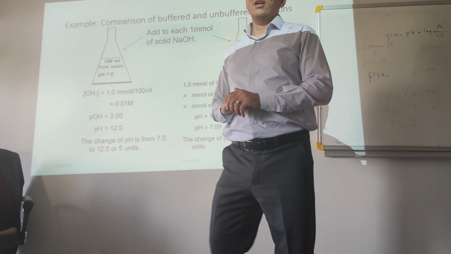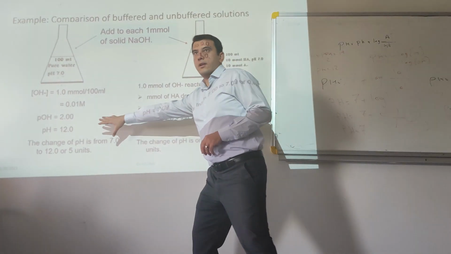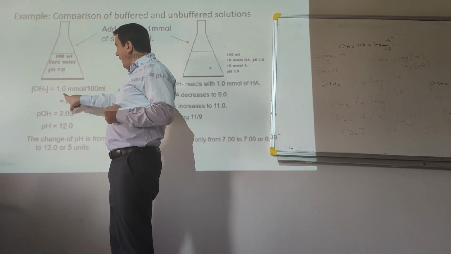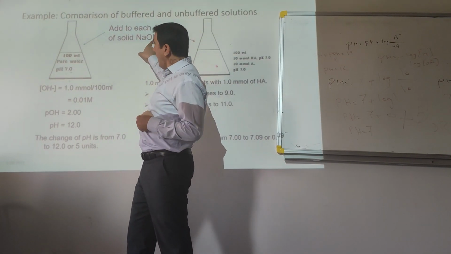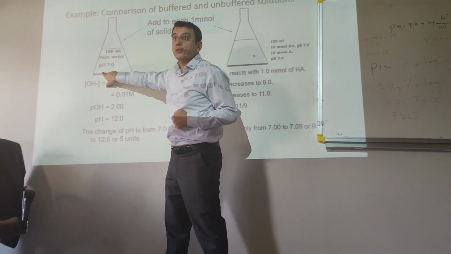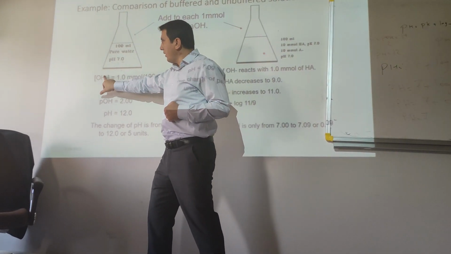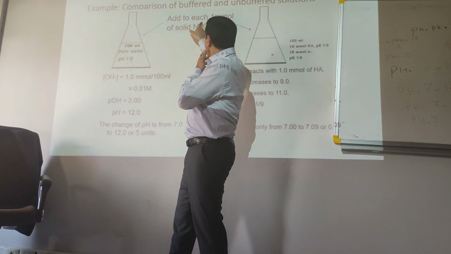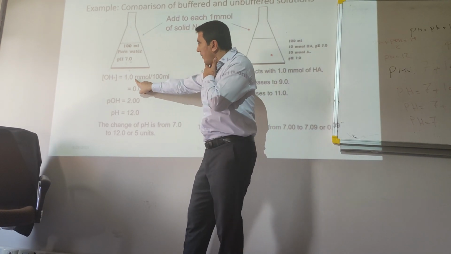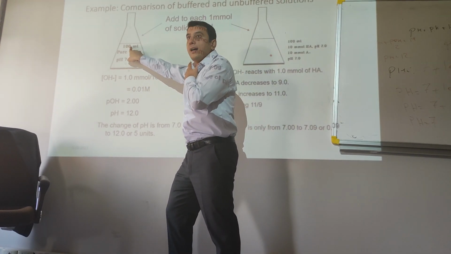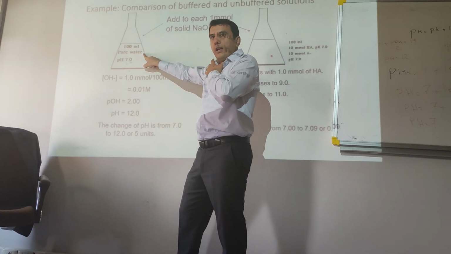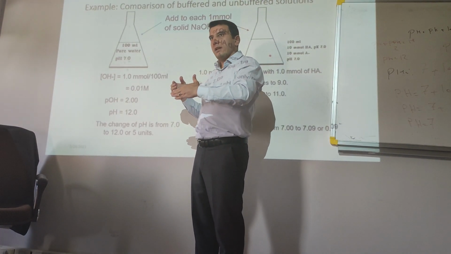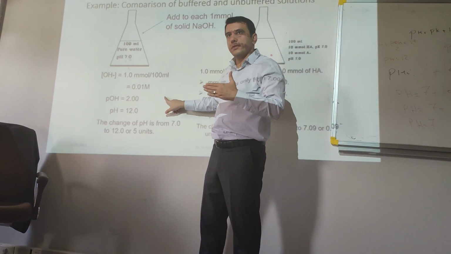Which one, pH here or here? Okay, very cool. It is very easy. The amount of OH is added to the solution. So the amount of OH is 1 millimole per 100 ml. If we change it to mole per liter, the amount is this.